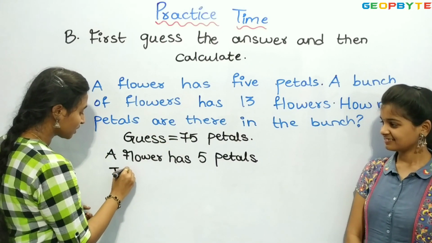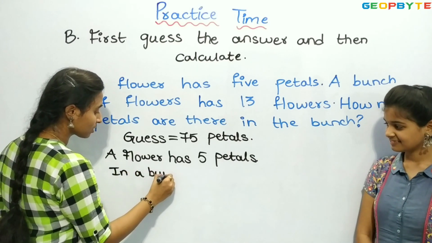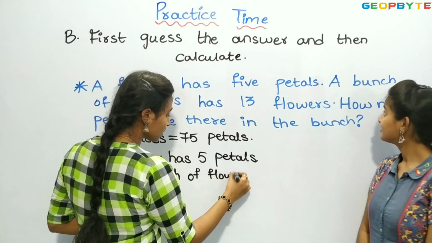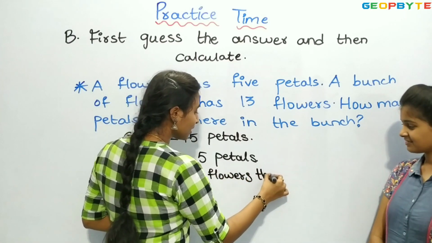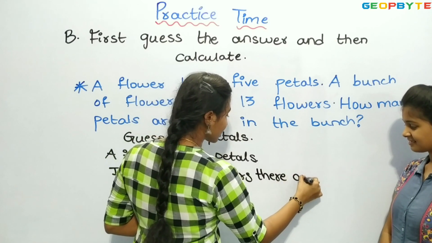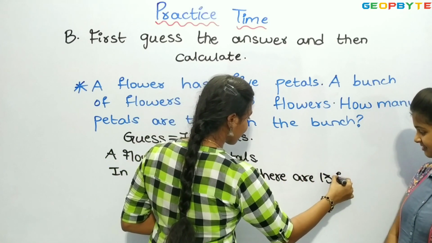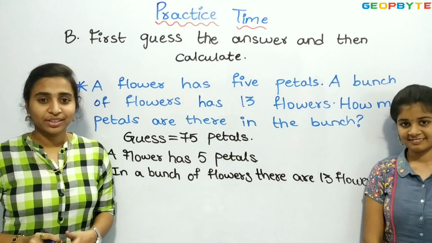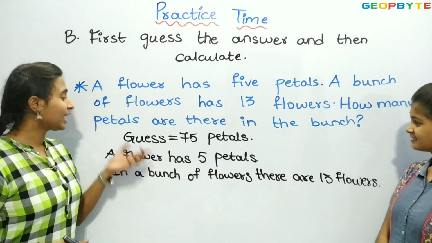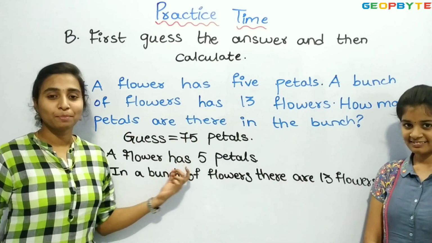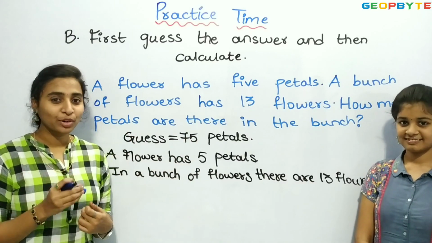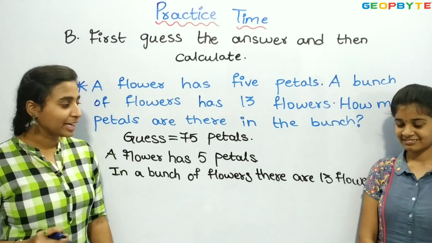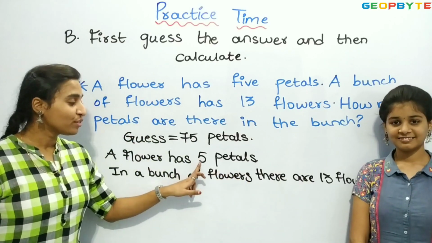In a bunch of flowers, there are 13 flowers. Now children, we need to find how many petals are there in the bunch, that is the total number of petals of the 13 flowers. For that, we need to multiply 13 and 5.